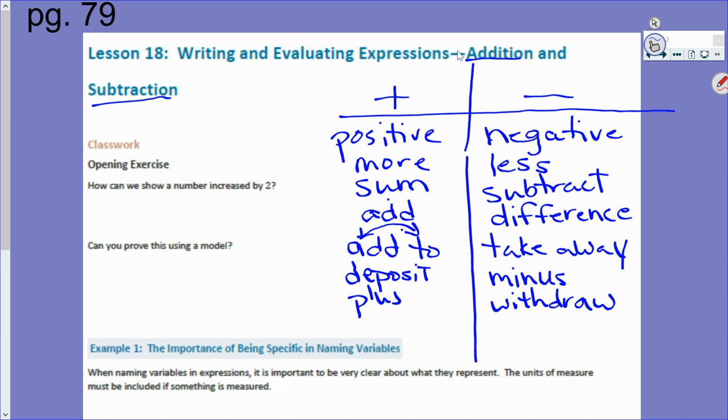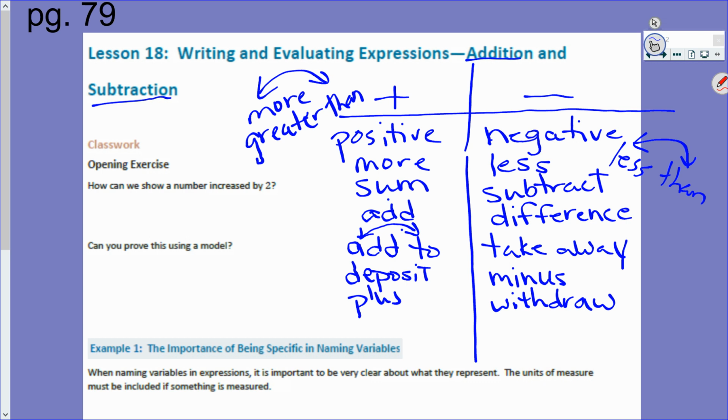Greater than. Less than. And greater, normally we'll say more than. And what's key about those is those are additional switching phrases where we're going to reverse the order on those.